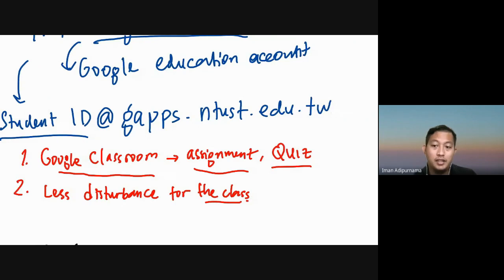I will give you the link again. It's actually in Chinese, but for international students, I think you can just use Google Translate. I think that is the link, so you can check that out if you want to apply.